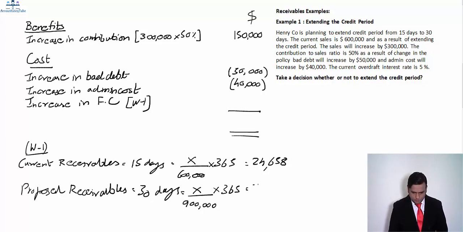We have got the figure of 73,973. The difference of these two is 49,315.